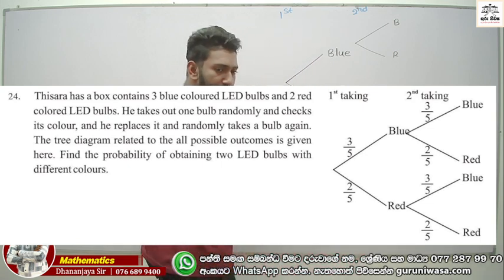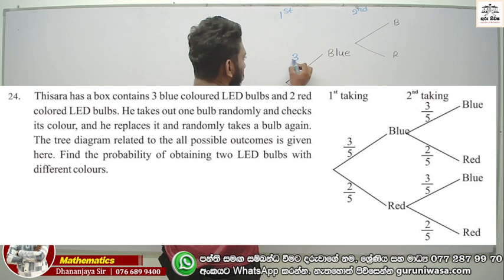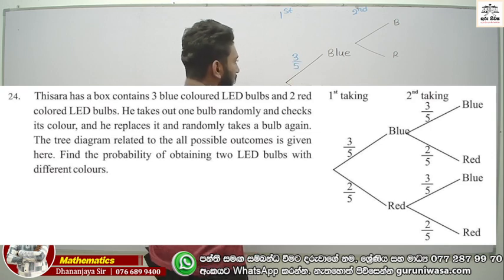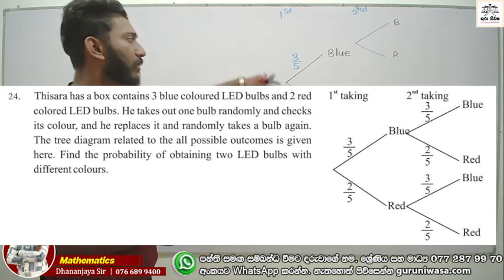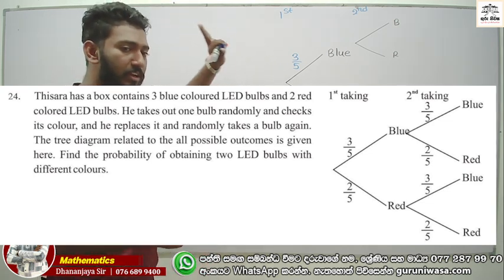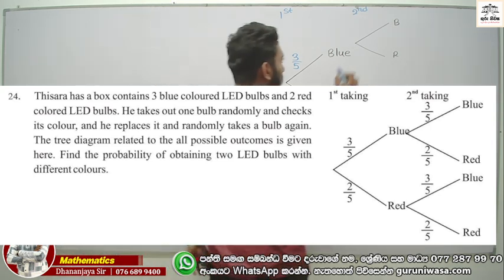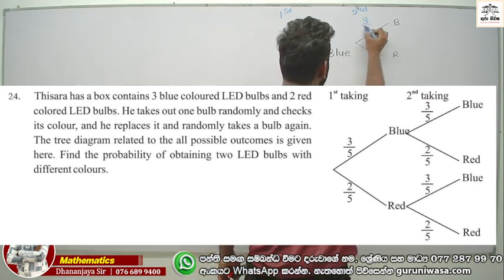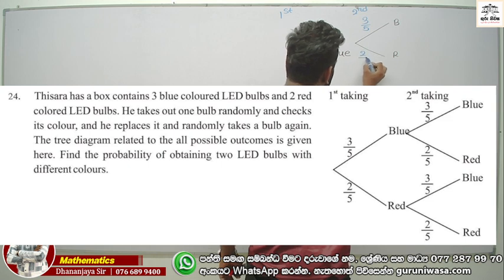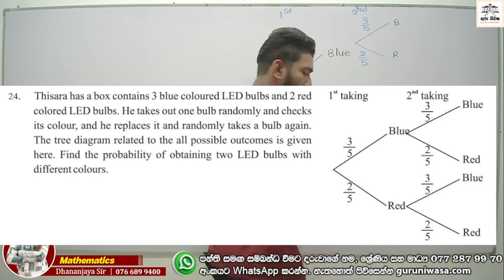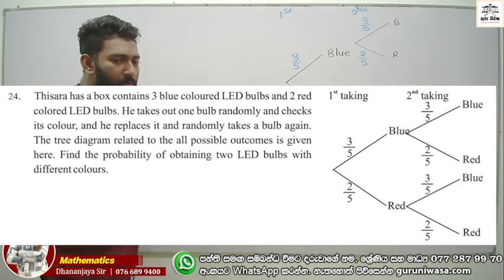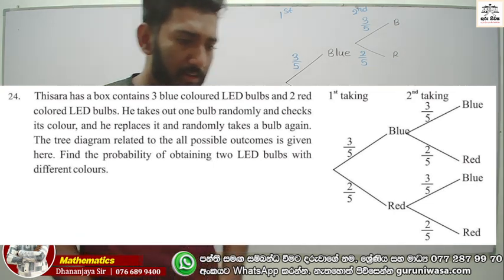The probability of the first round is 3/5. Therefore this one should be 2/5, because the sum of the two branches becomes a complete one. 3/5 and 2/5. The question is: find the probability of obtaining two LED bulbs with different colors.